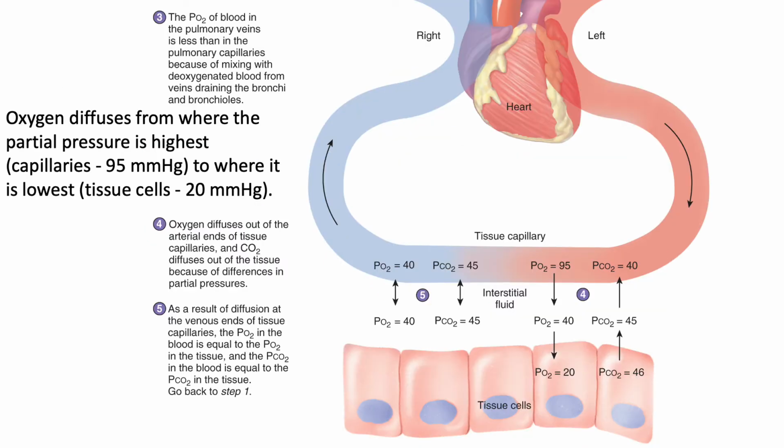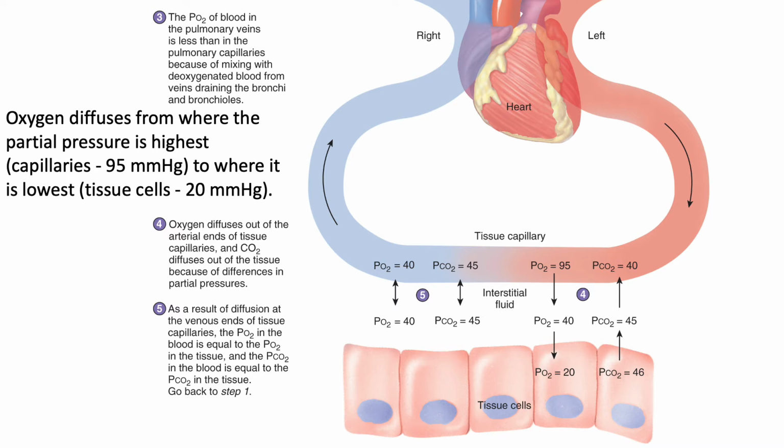So coming into your systemic circuit, your partial pressure of oxygen within the systemic tissues is only 40. Within the cells themselves, it is only 20. So oxygen is being used by the cell. It's kind of an oxygen sink, so oxygen is always going to diffuse into that area where there's less oxygen, which is in the cell.